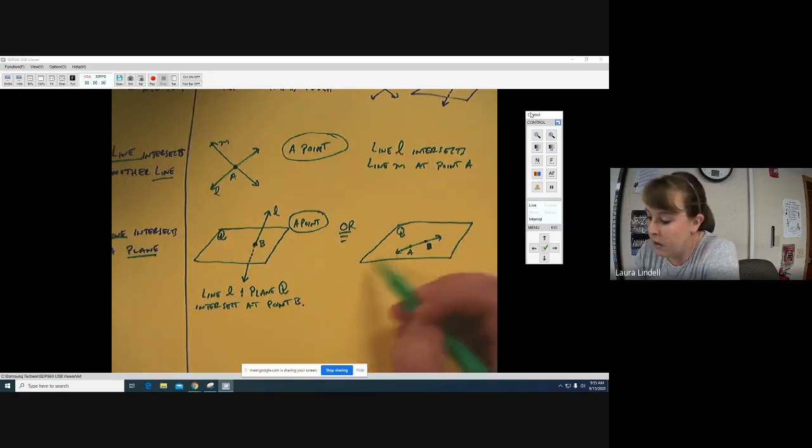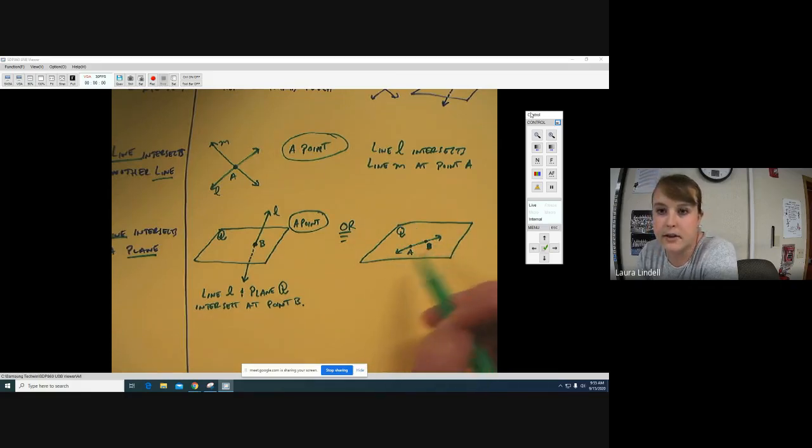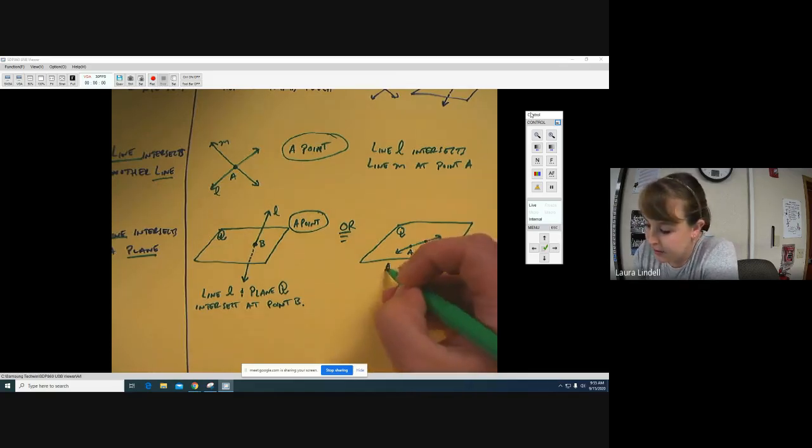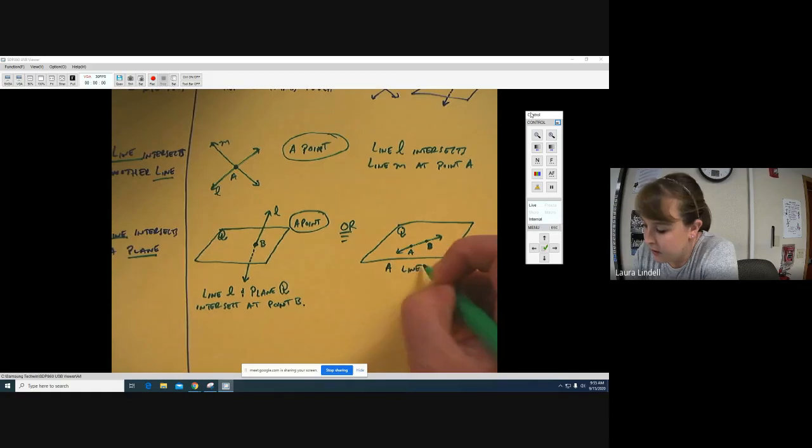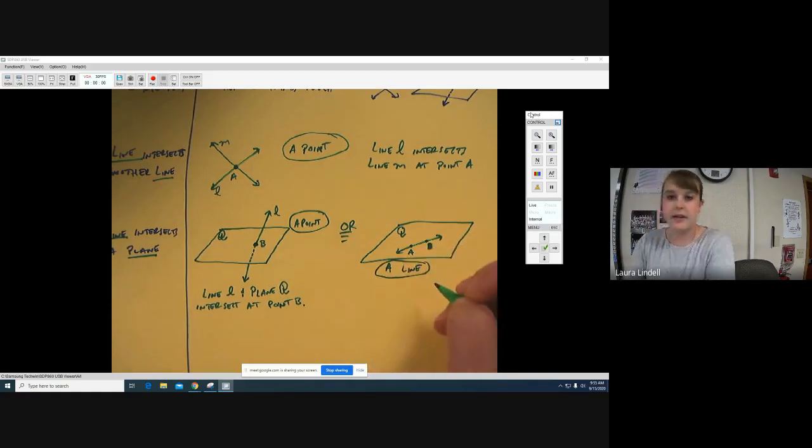If we're trying to think about where this line is touching the plane, it's touching it at all points on the line, right? The whole entire line is touching the plane. So our other option here is a line. So a line and a plane could intersect at a point or at a line. It's a point if only one point on the line is touching the plane. It's the whole line if the entire line is laying down in the plane.